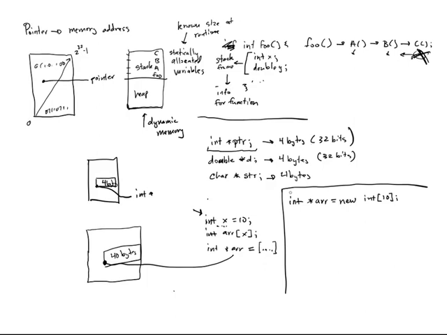So let's do that. We have int x equals 10. Let's erase this over here, and let's make that x instead, just to make clear that we couldn't do this at compile time.